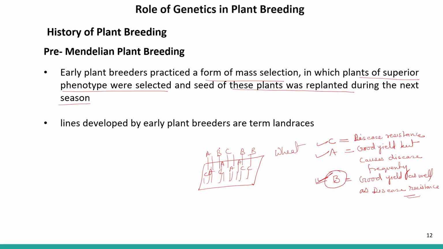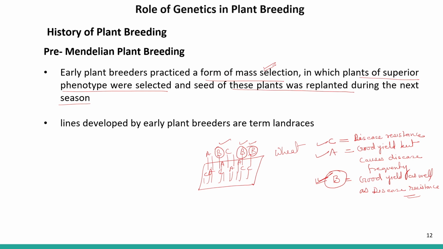So what they will do, they will cultivate all the types of wheat here, and they will choose the seeds of B and use them for mass selection. This is called mass selection, and they will use these seeds for the next season of growing their crop.